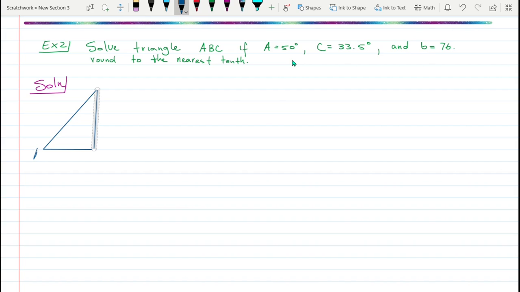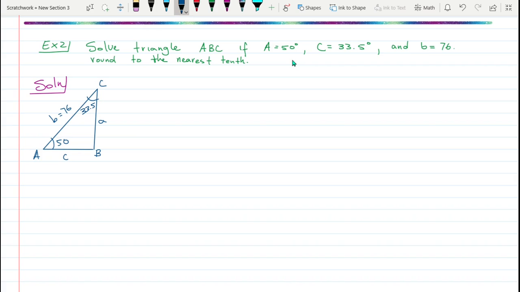Okay, A, B, and C. And we're not assuming that this is a right triangle. Okay, this is 50 and this is 33.5, and we got that B is equal to 76.